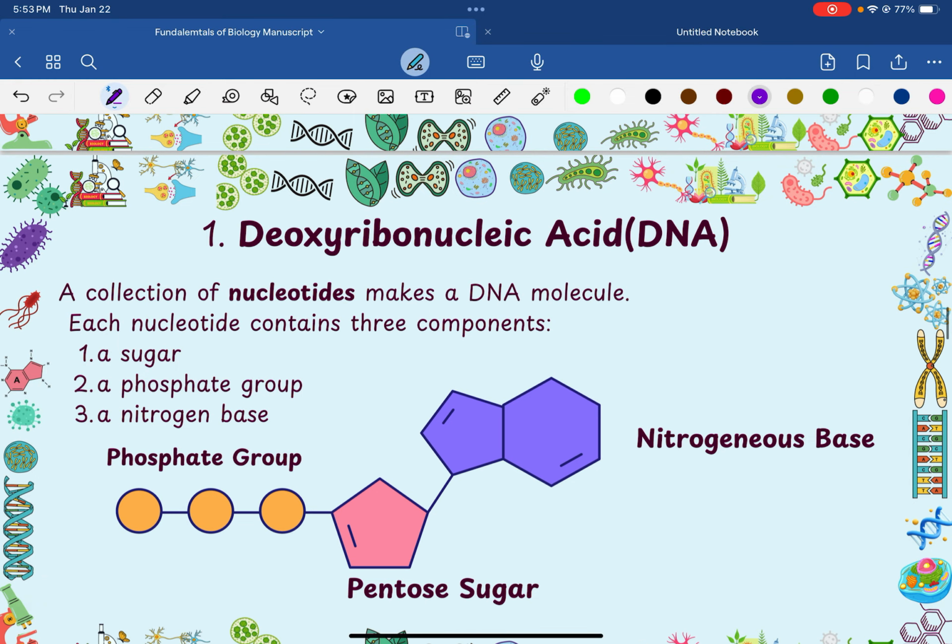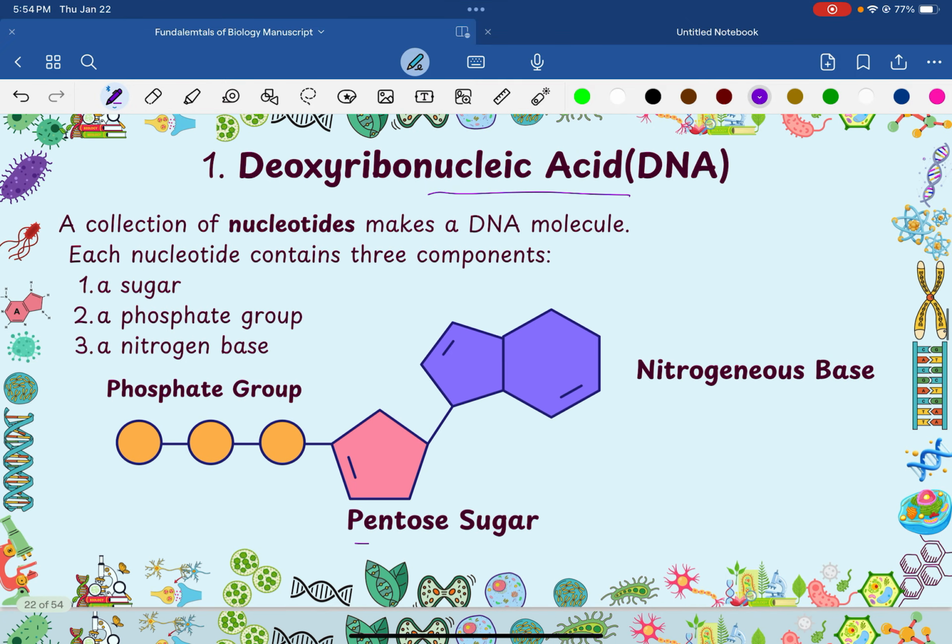Now we will discuss the DNA structure. A collection of nucleotides makes a DNA molecule. Each nucleotide contains three components: a sugar, a phosphate group, and a nitrogenous base. So here we have a pentose sugar. This is carbon number 1, carbon number 2, carbon number 3, carbon number 4, and carbon number 5.